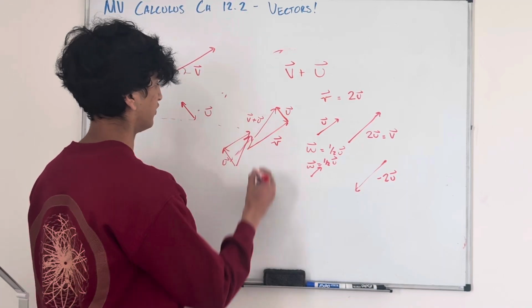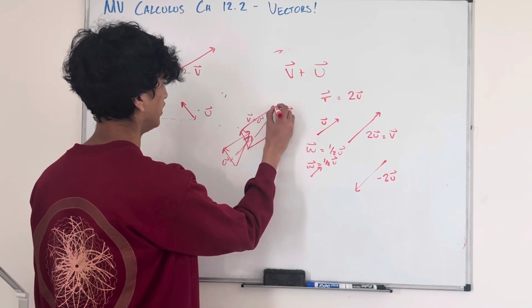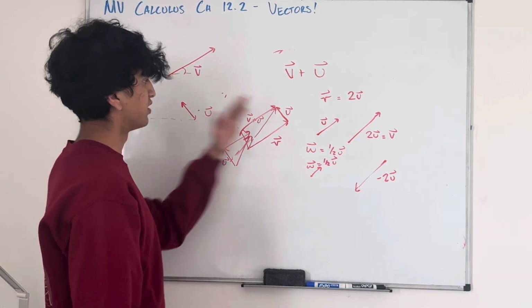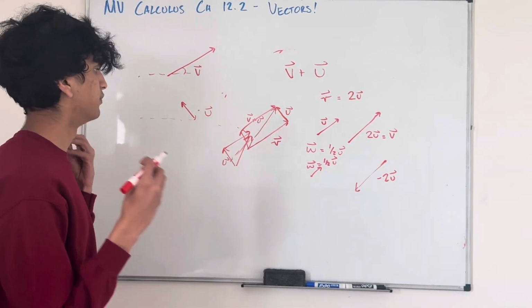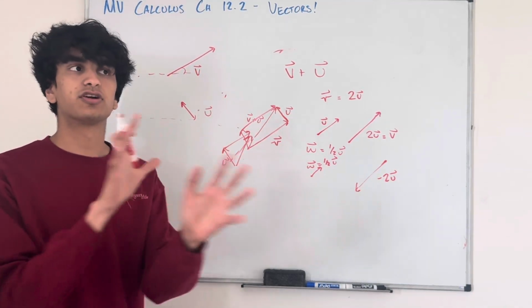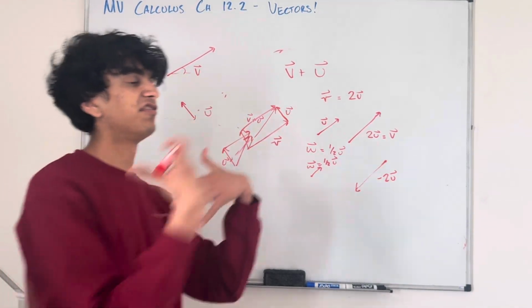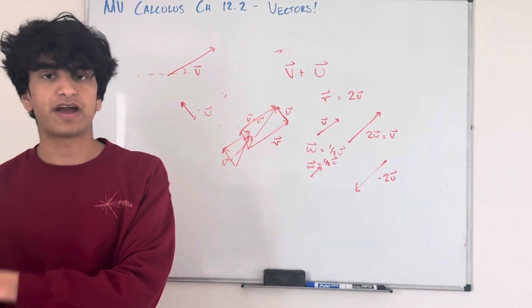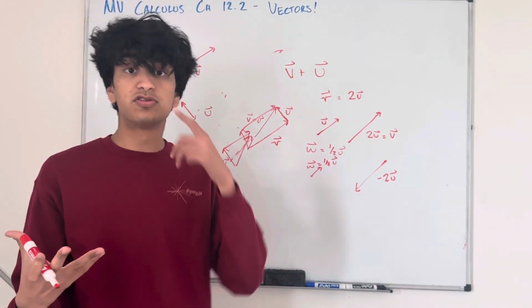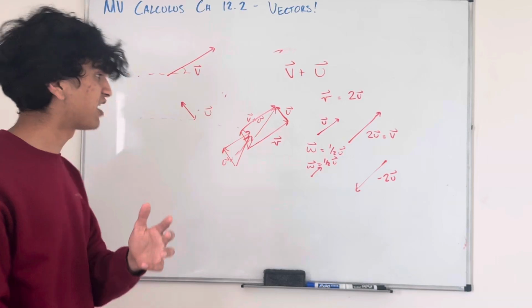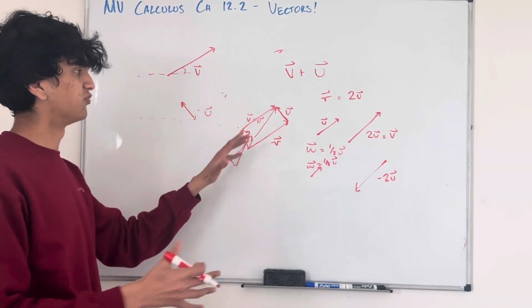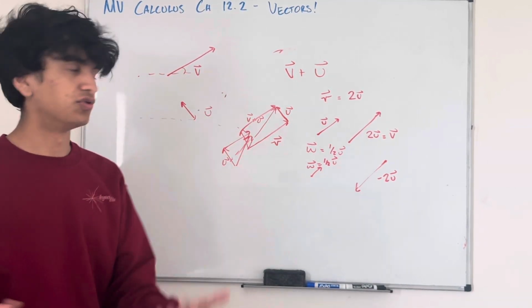If you go u and then v, you're creating a parallelogram, and the diagonal would be the same for both. So not all the algebra rules work for vectors, but a lot of them do, and we can prove it geometrically and soon algebraically.